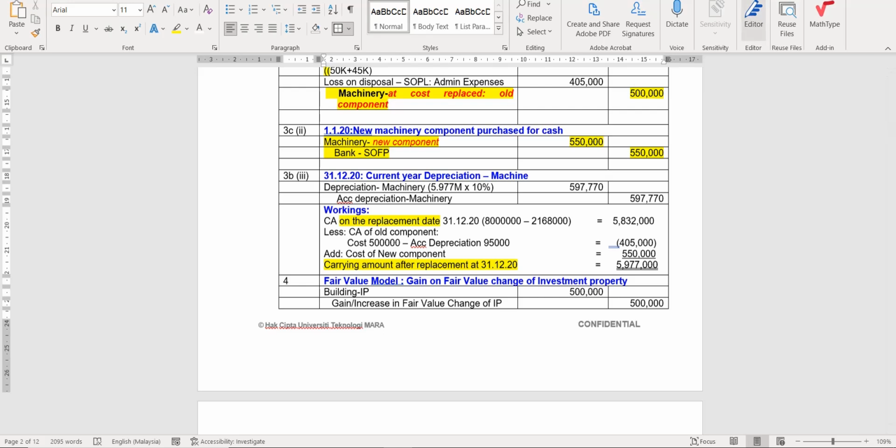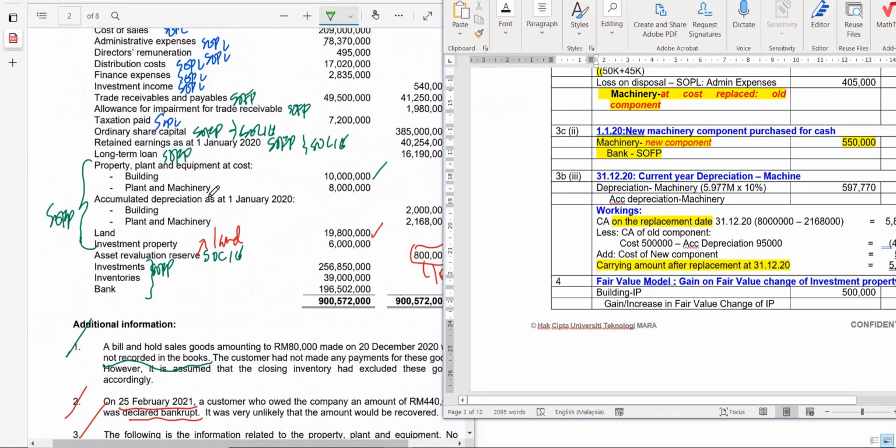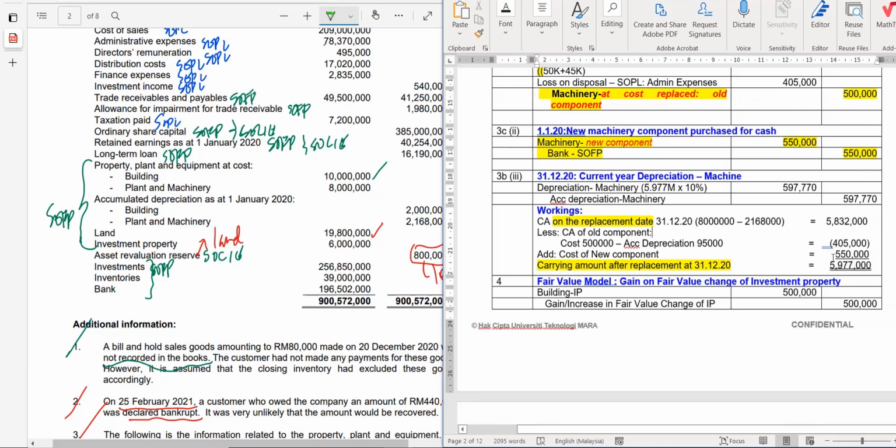This is the cost of the machine, which was 8 million. Then you need to find out the carrying amount, so you must remove the accumulated depreciation. When you do that, you'll see that it is 5832.